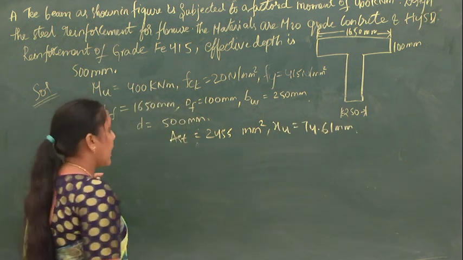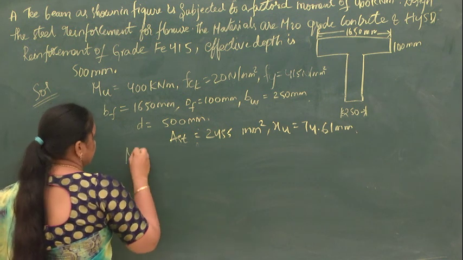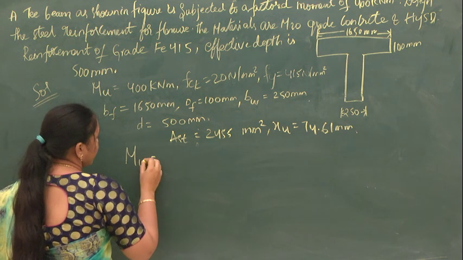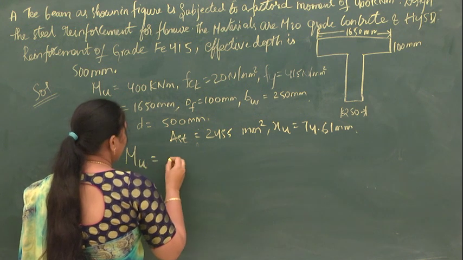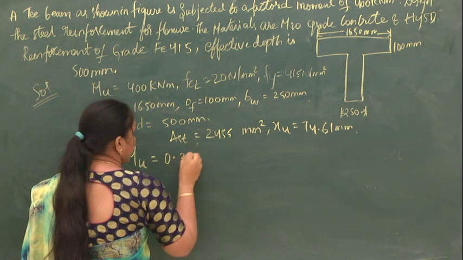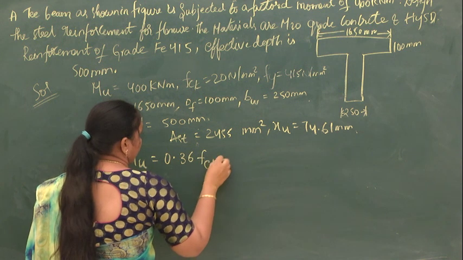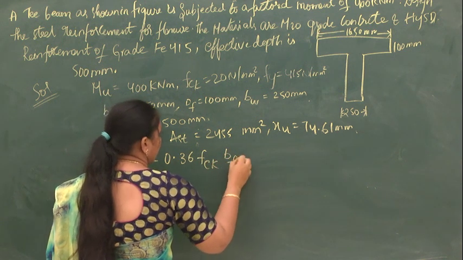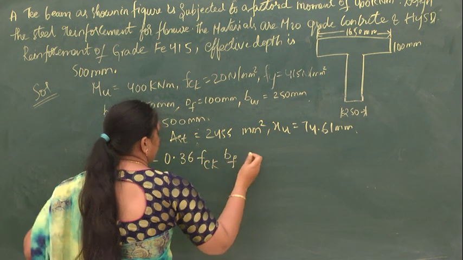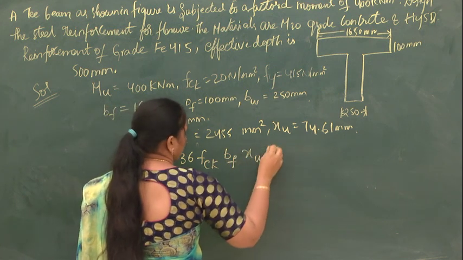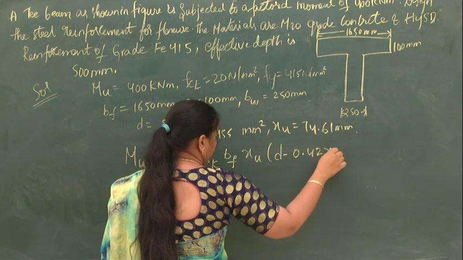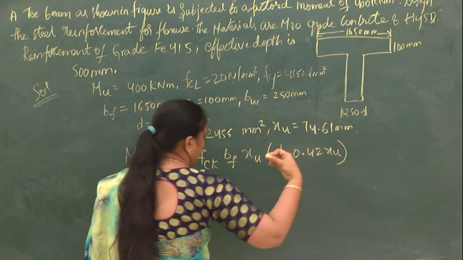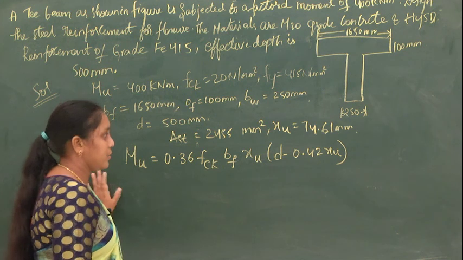So, now we will calculate the moment of resistance. So, Mu will be equal to 0.36 FCK into BF into XU into D minus 0.42 XU, because what?